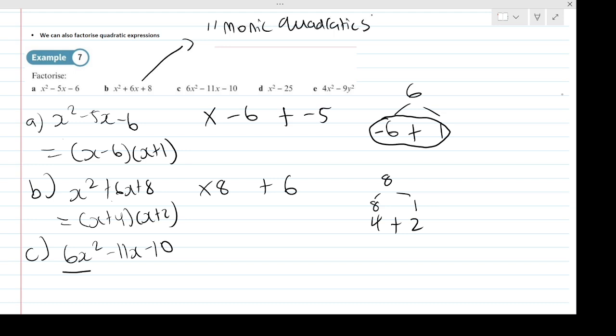Mono meaning one, meaning that the coefficient of the x squared is 1. So we can use this method as we just saw. But when you have non-monic quadratics, which is when you have a coefficient in front of the x squared, so here 6 is the coefficient, a coefficient that isn't 1, okay?